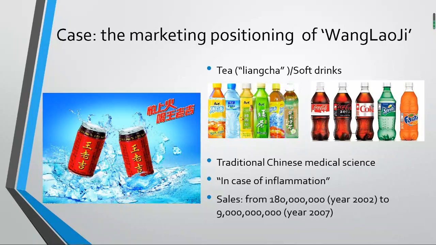So the slogan just tells you that you can drink this to avoid inflammation and eat whatever you want with your friends, with no fear and no worry. That provides a perfect situation for their product. And by the way, you can give it a try. This tastes not bad.